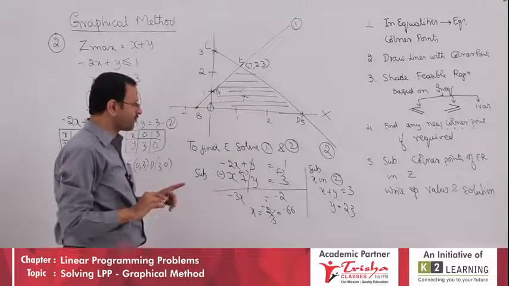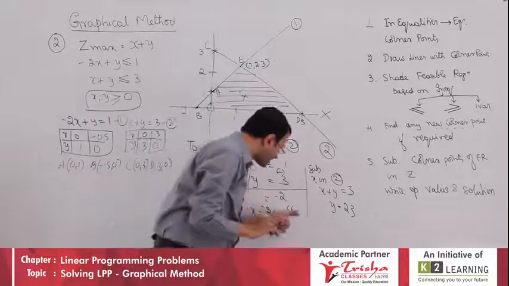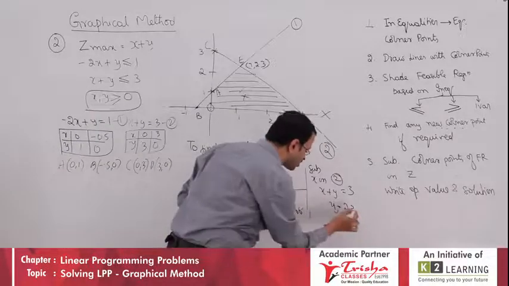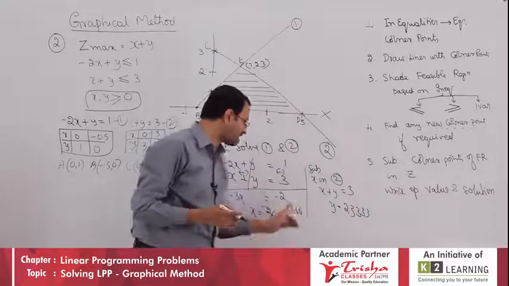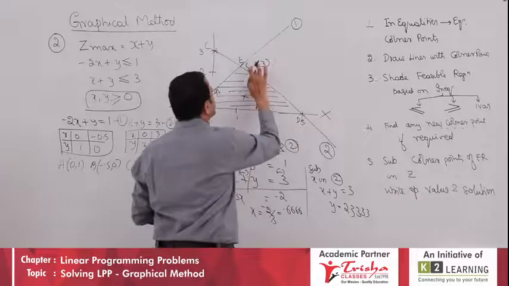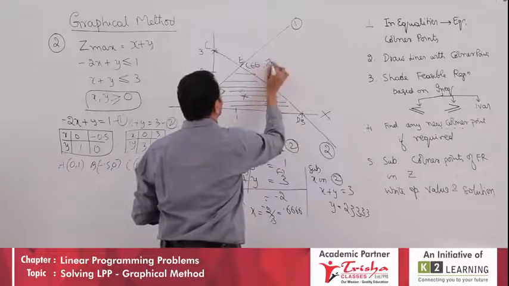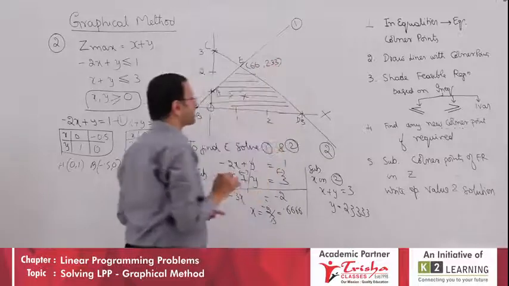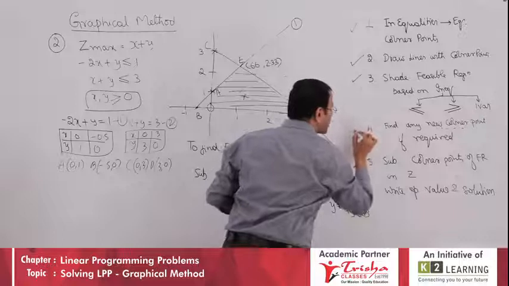Sir, what if I take 0.666 only? No problem, this will be 2.333 only. We will take the exact values instead of approximation, 0.666, 2.333.